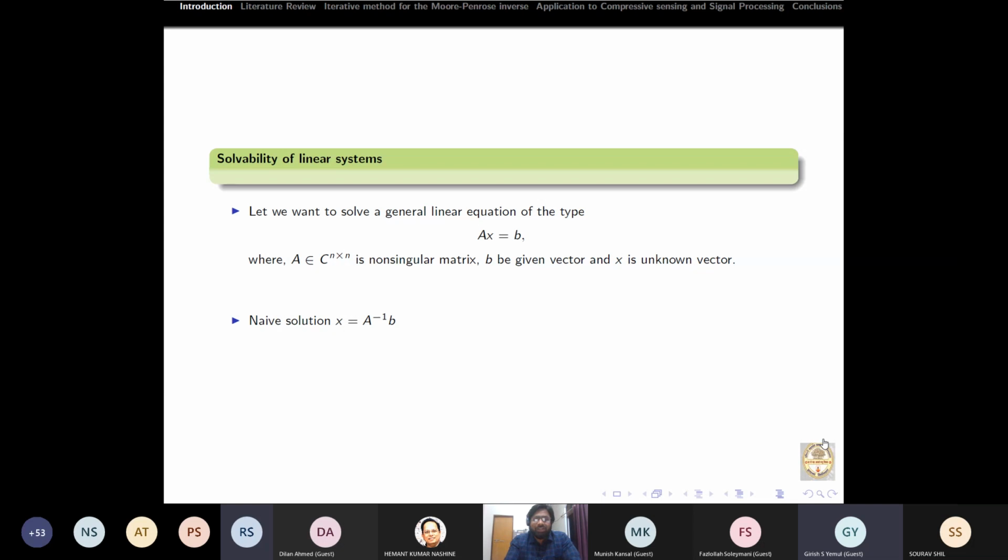We might have studied in our linear algebra or undergraduate course that if A is an n cross n non-singular square matrix, meaning a matrix whose determinant is non-zero, or a matrix having an inverse, and b is a given vector and x is an unknown vector, then this system has the solution x equal to A inverse b, because the inverse of A exists. We are familiar with this problem.